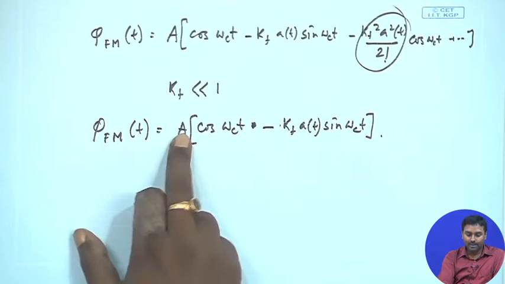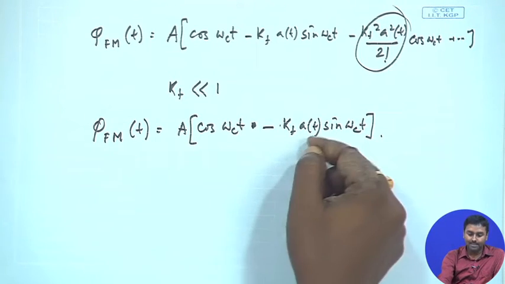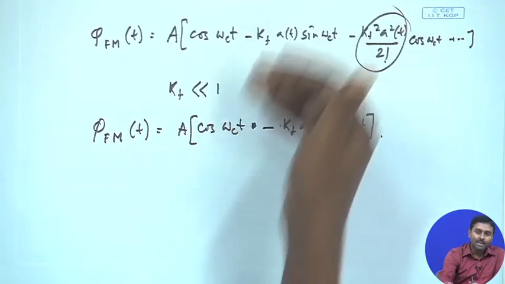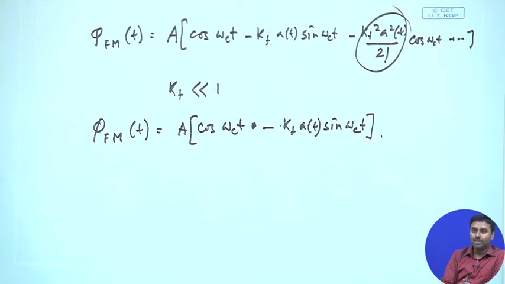So A multiplied by kf into a(t), whatever that a(t) variation is, will be very small and not very significant. And because we have got it from the FM formula, this will also have corresponding frequency variation. Later, when we draw the FM phasor diagram, probably you will understand this.